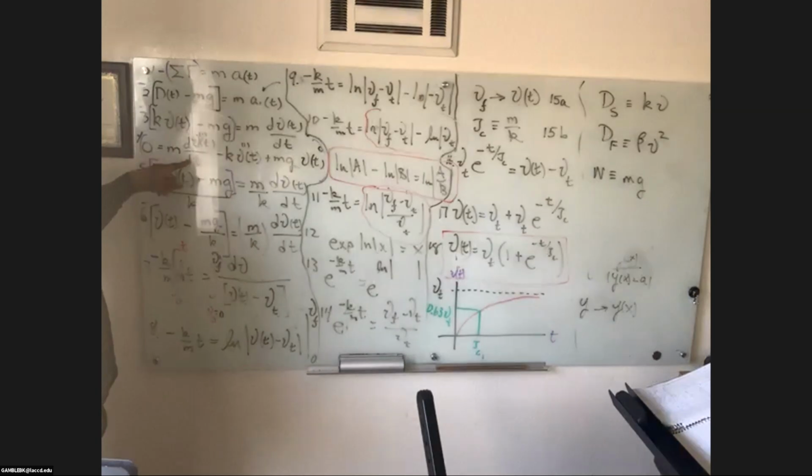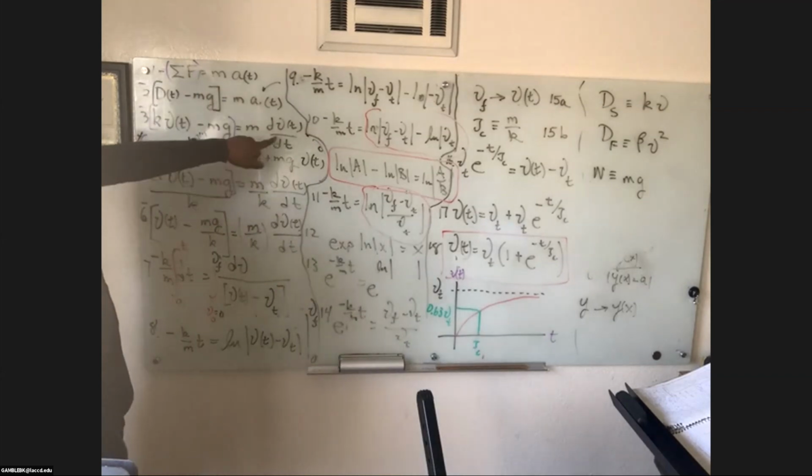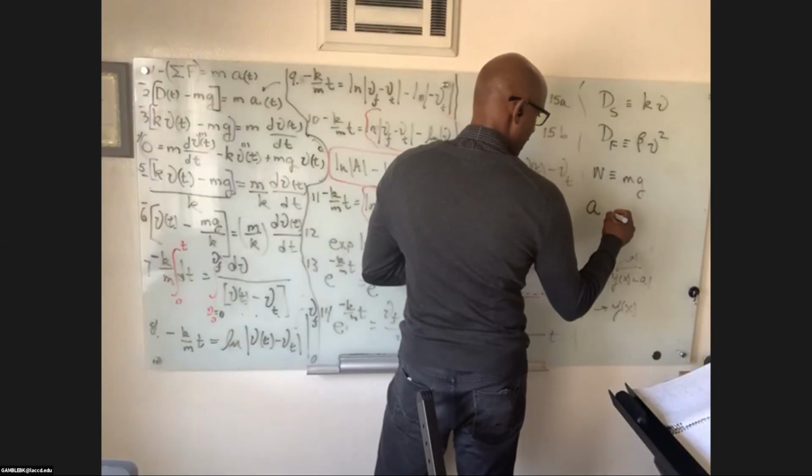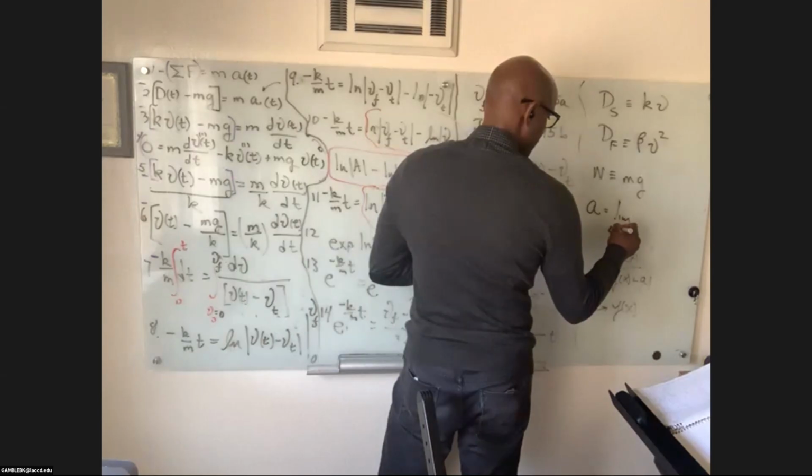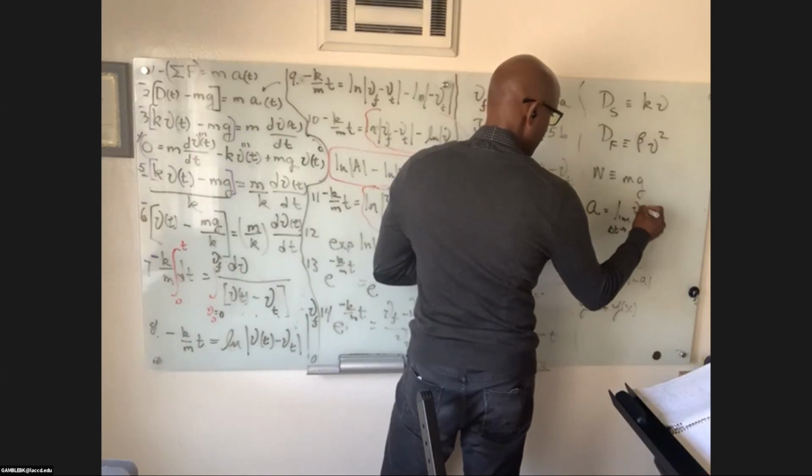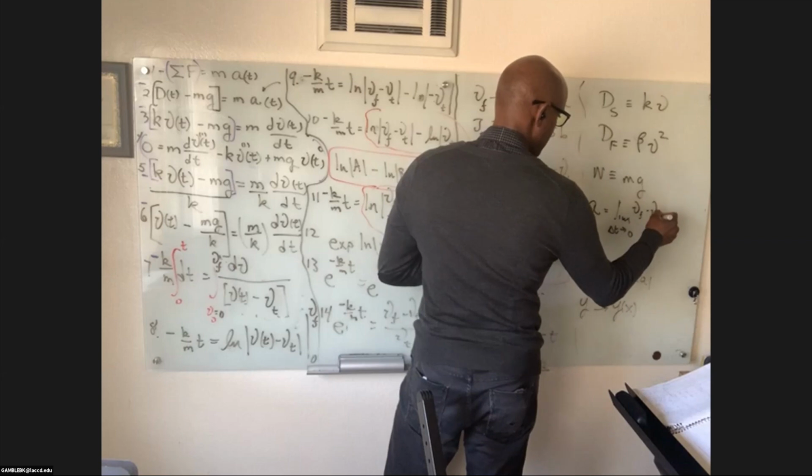Why did you put the dv over dt on the right side on number 3 for the m times dv over dt? That's the definition of acceleration. Acceleration is defined as the limit as delta t goes to 0 of v final minus v initial divided by t final minus t initial.